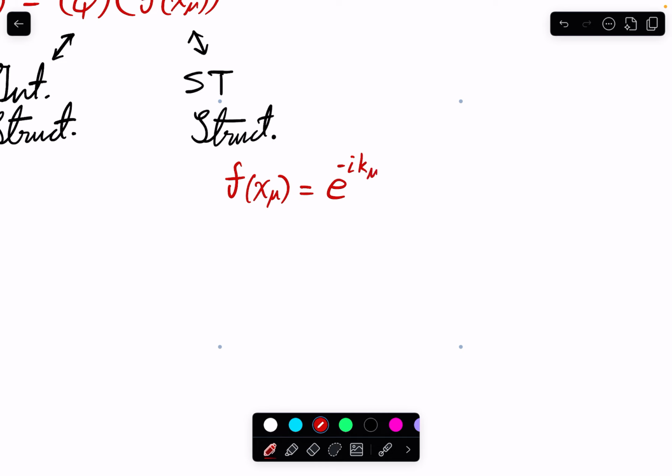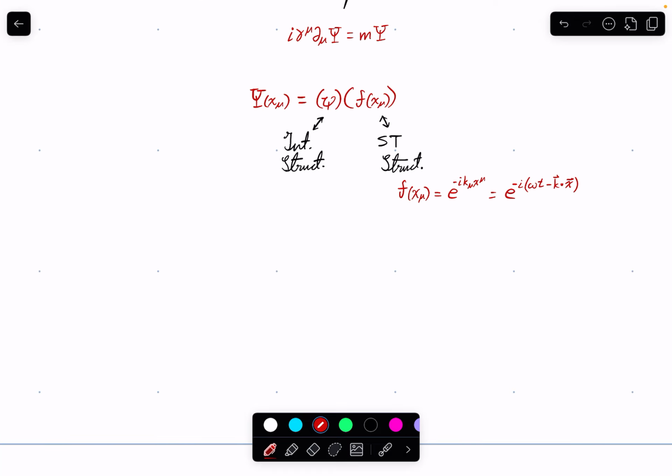It's just the dot product between the wave vector and position, which is e to the negative i (omega t minus k dot x). Yep, so that's what we have for the space-time structure component of a Dirac spinor. So what we're really interested in then is this, which is the internal structure.